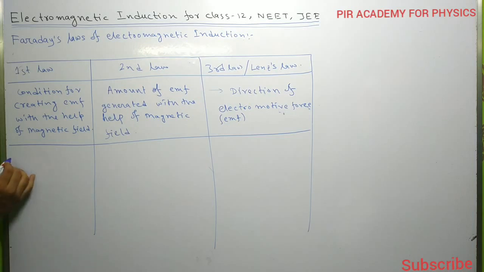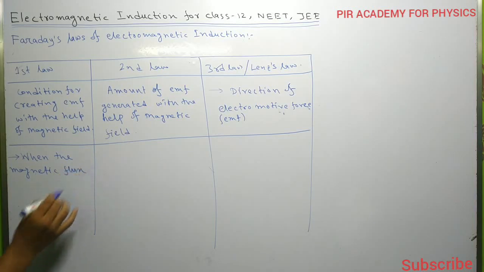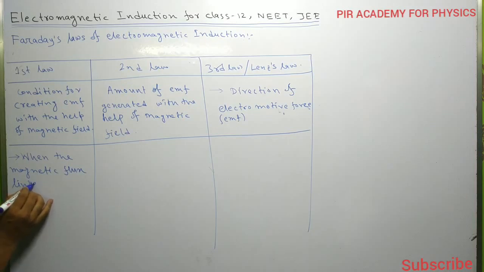Now the first law says that when the magnetic flux linked with the circuit changes, induced EMF is produced.